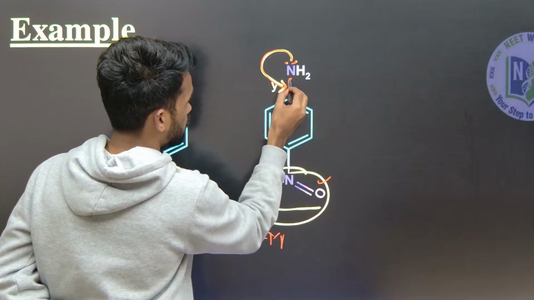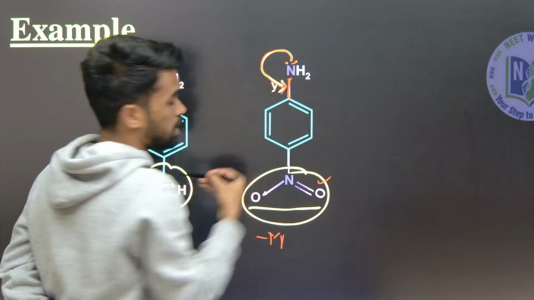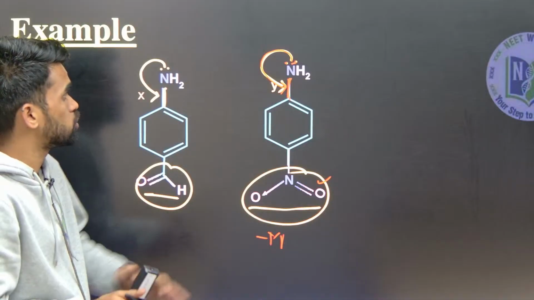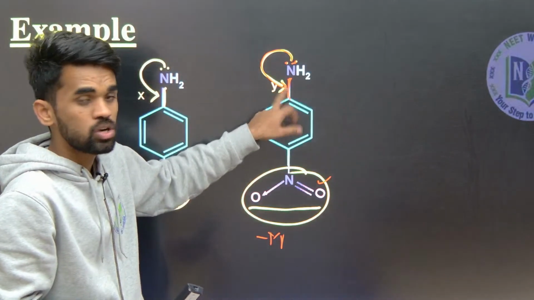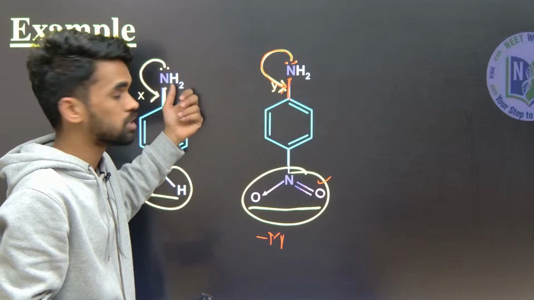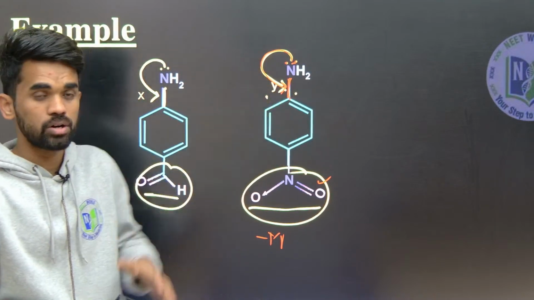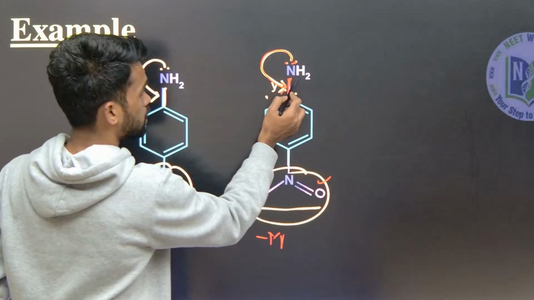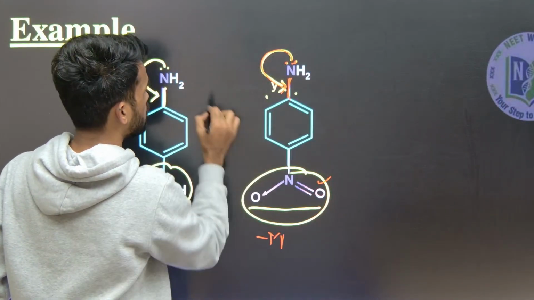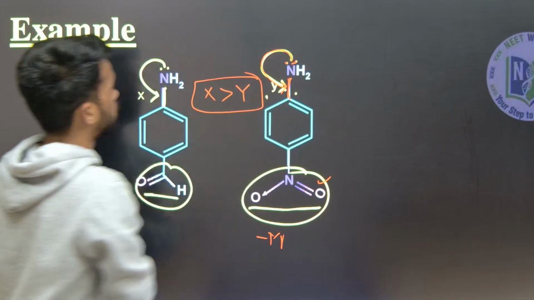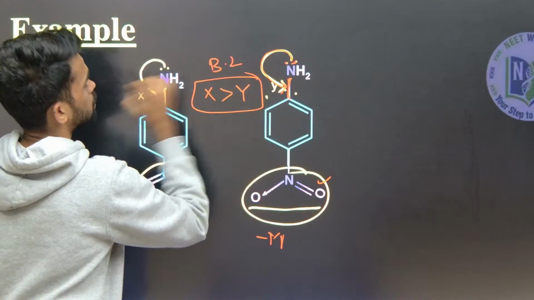That makes it have more double bond character. If there is more double bond character than this, its bond length will be less, because bond length is inversely proportional to bond order. So bond length will be less in Y. So I can say X is greater than Y, that's it. This will be your bond length order.